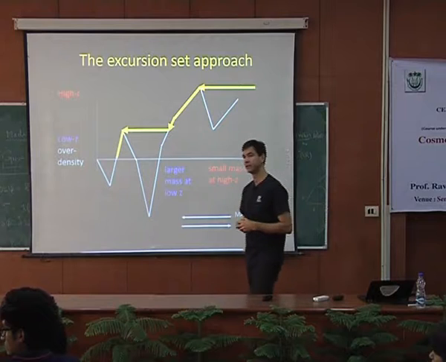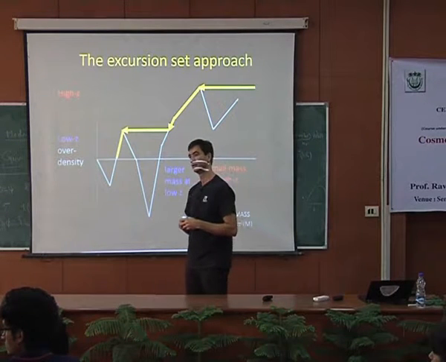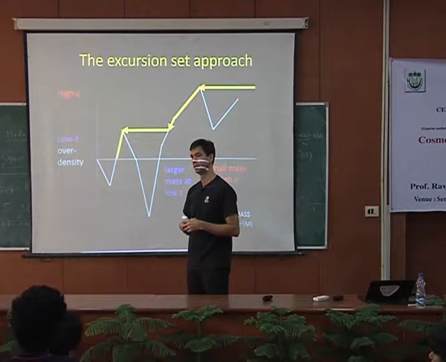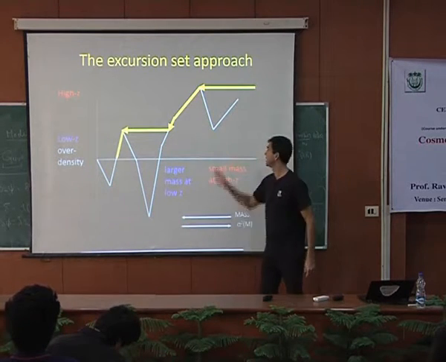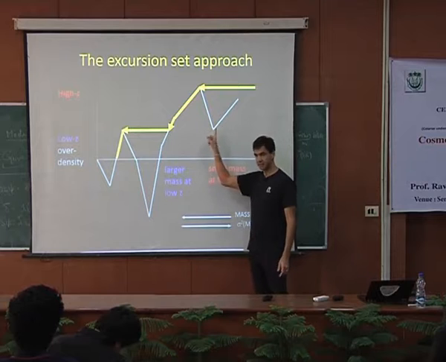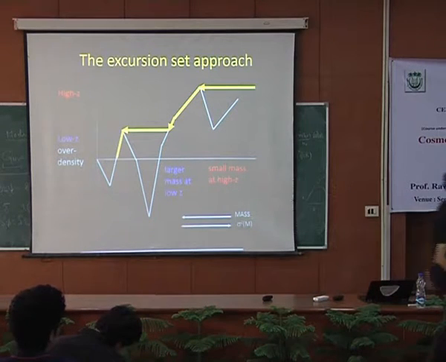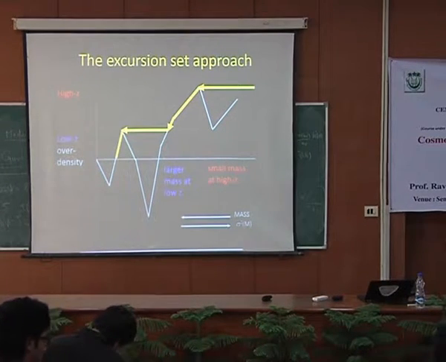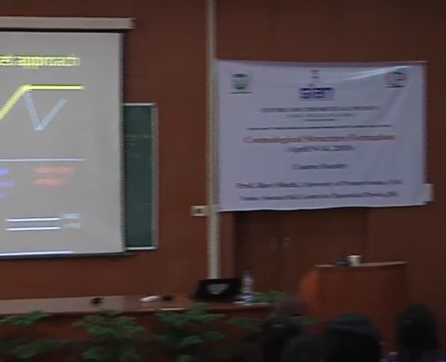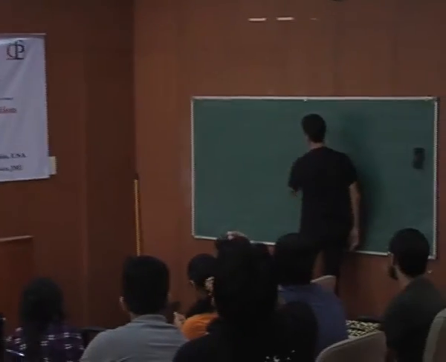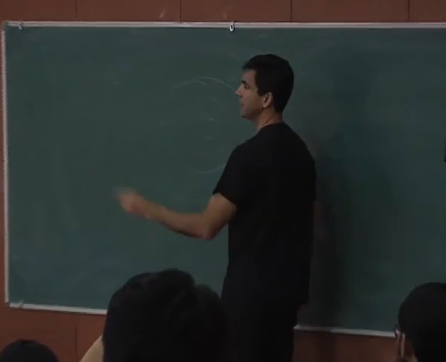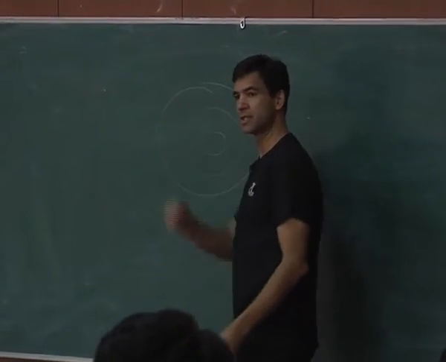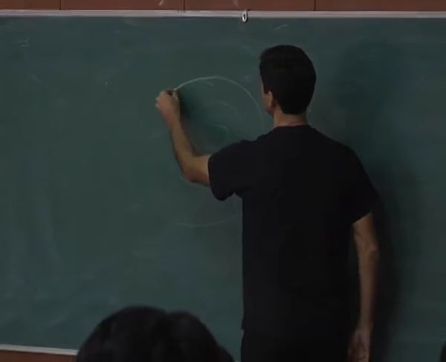I don't understand why, for the first crossing, it's going down. Because, if I was to draw a picture of what this means, let's draw a picture. I'm looking at the density in successive shells. So the one that crossed the barrier, suppose we crossed the barrier on this scale.